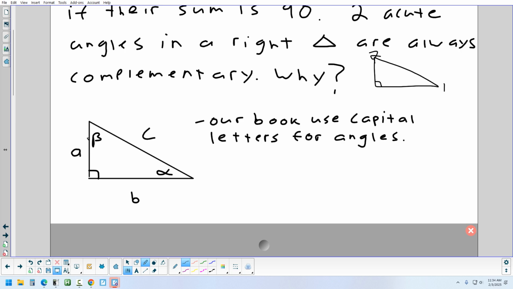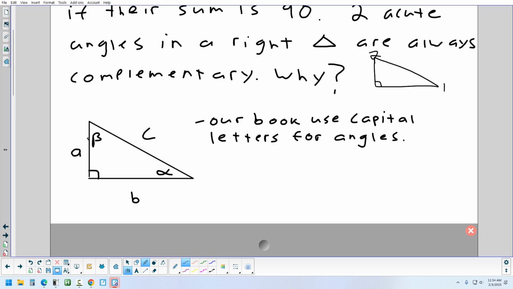Not every book uses the Greek letters. Some do it differently. Some use capital letters for sides and lowercase letters for angles, or vice versa. What do you think the issue with using capitals and lowercases could be? Well, yeah, some letters look the same. So if you don't use A, B, and C for your sides, and you use a letter that looks similar when it's lowercase and uppercase, that's a problem.